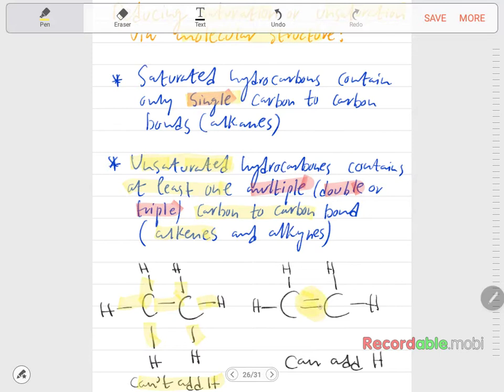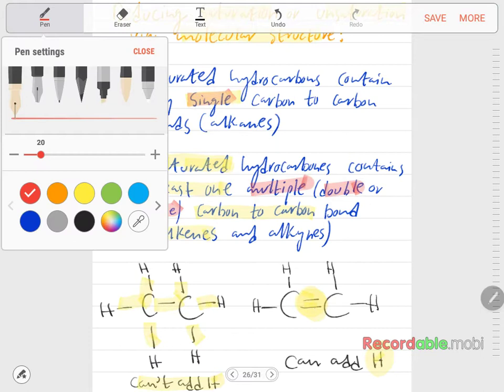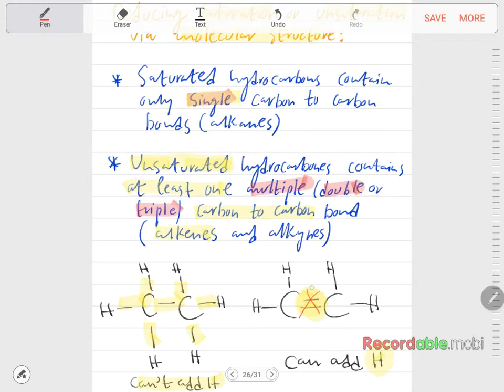If you have a double bond, you can add hydrogen, because if this breaks, let me get the pen, and it becomes only a single bond, you can have two bonds here. As I have mentioned in previous videos, carbon can have only 4 bonds around it. So this is 1, this is 2, and because the double bond was 2, it was 4.